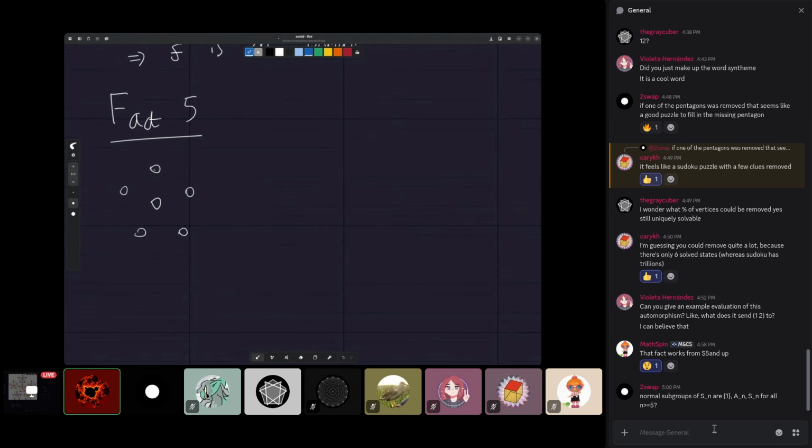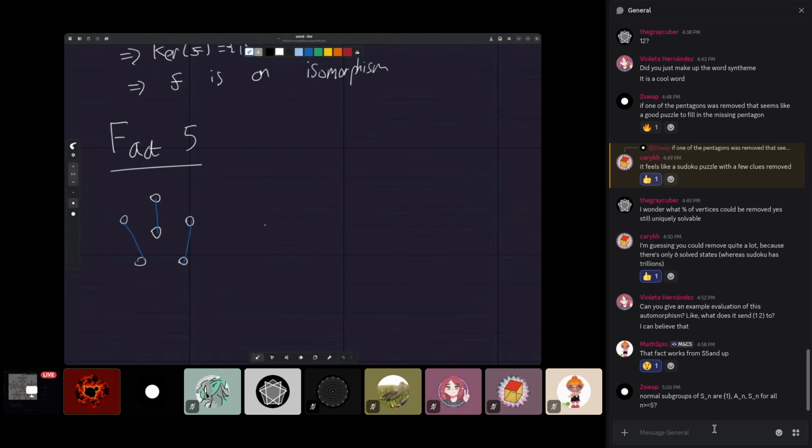So, fact 5 is if you have a syntheme, call it that. And let's get our pentad K6 graph beautifully drawn.